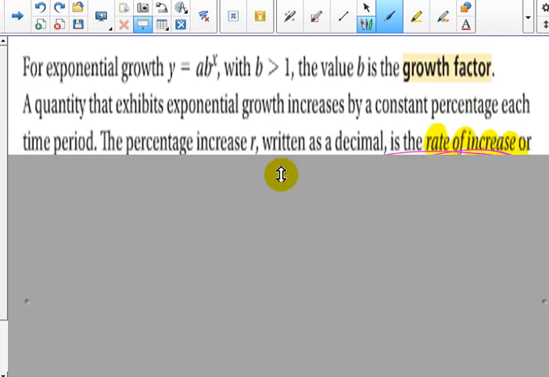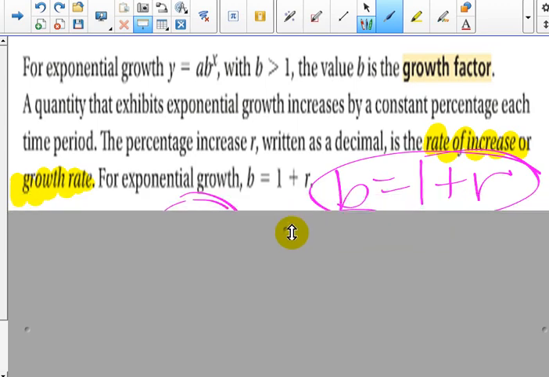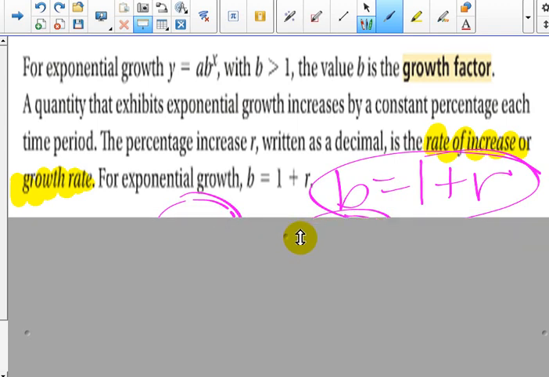The percentage increase, R, is written as a decimal, and it is the rate of increase, or the growth rate. So for exponential growth, we're going to have b equal 1 plus r.